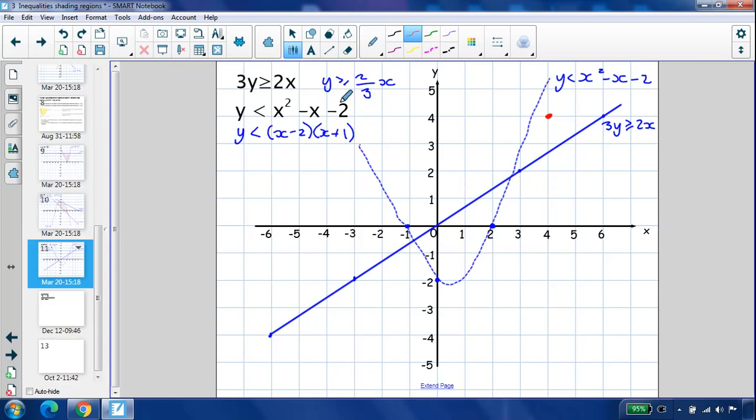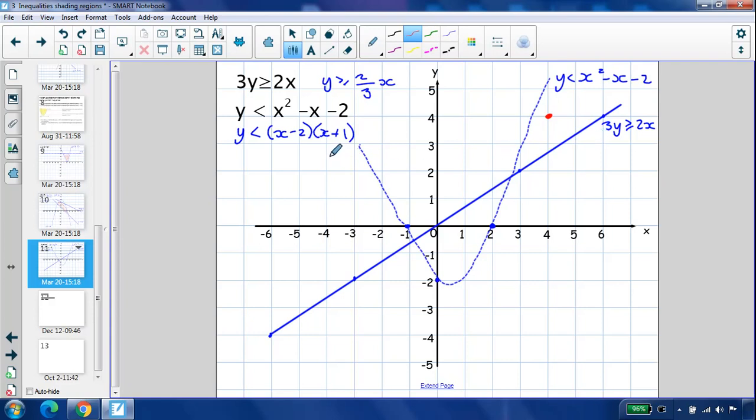So using this one, I'm going to have x as 4. So 4 multiplied by 2/3 is going to be 8/3, which is roughly 2.7, and y is definitely greater than or equal to 2.7. So that seems to work.